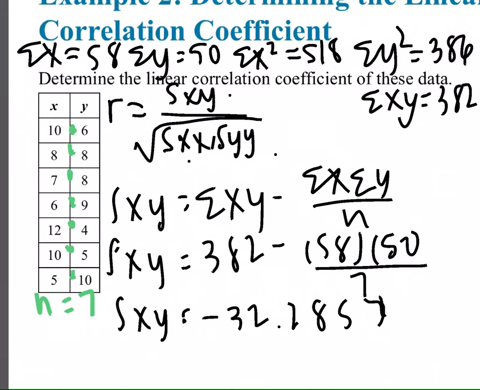You've basically found the numerator of your correlation coefficient. And this numerator will tell you if this is going to be a positive or negative association. So because this is a negative 32, we're going to end up having a negative association. So I'm going to go ahead and put that up there.